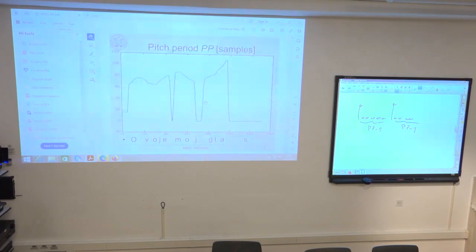And the final part of the model is the pitch period. So what is the period of excitation for sounds that are periodic? So only for voiced sounds over here, all of these sounds are voiced. Oi, again, voiced sounds. A, gla, gla, all three sounds are voiced, but s is unvoiced.